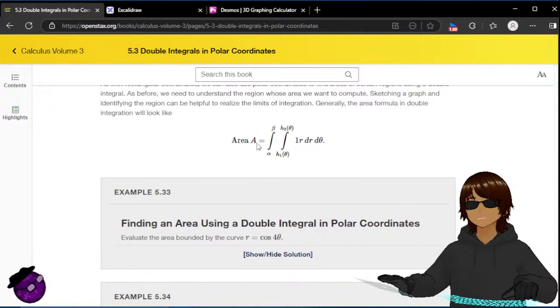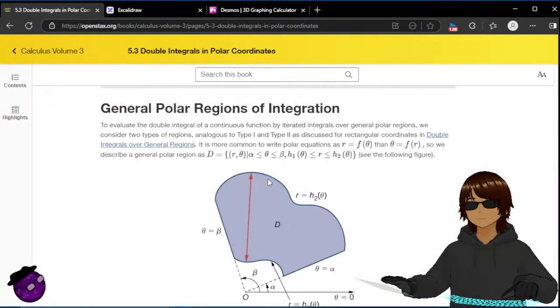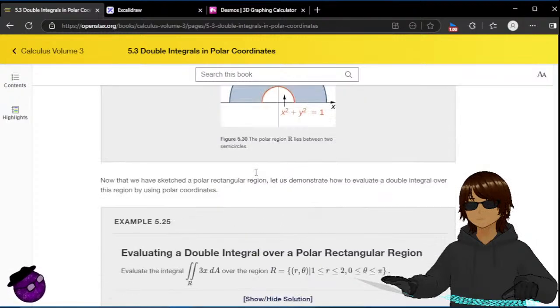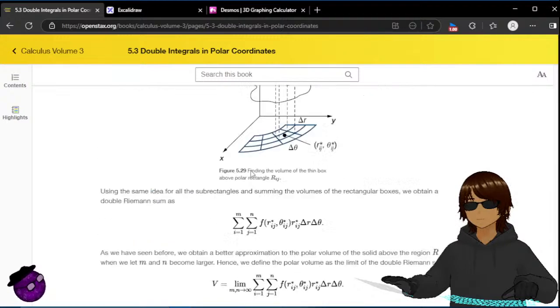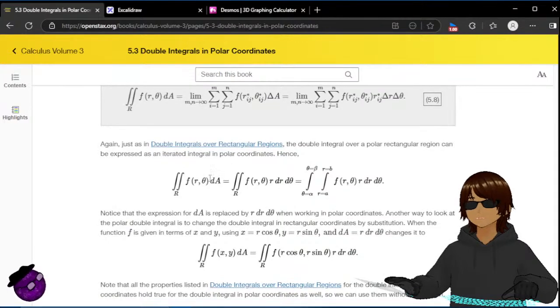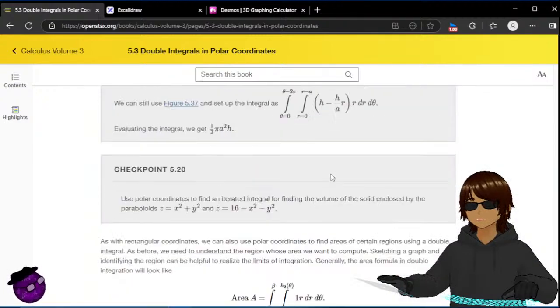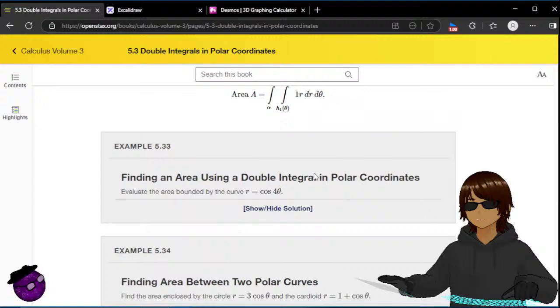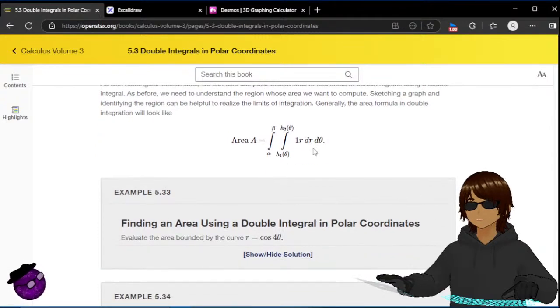But there's one thing I don't understand. So the volume is this, the area, 1 times r.